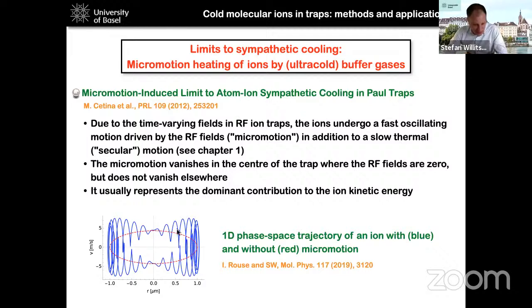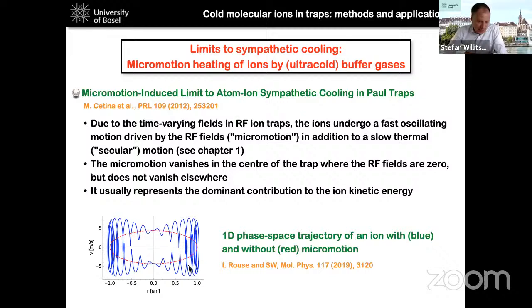And to illustrate this, this here shows a simulated trajectory, a phase space diagram of such an ion in an RF trap. The dashed red line would be the ion trajectory without the micromotion. So this would correspond to the secular motion in the time averaged effective potential of the trap.